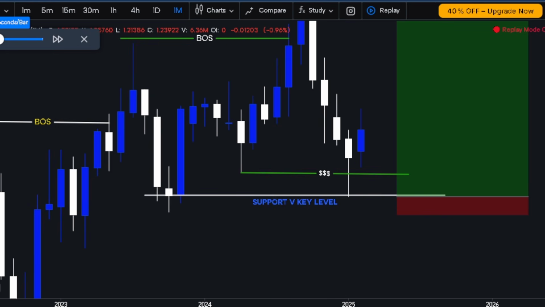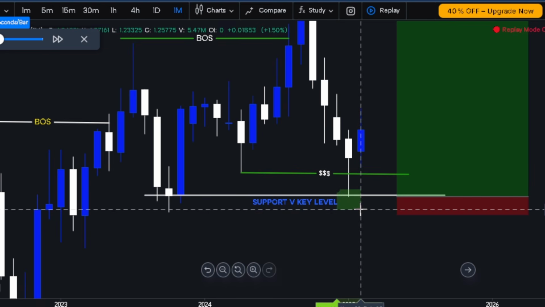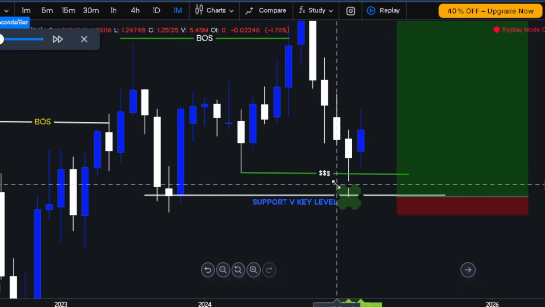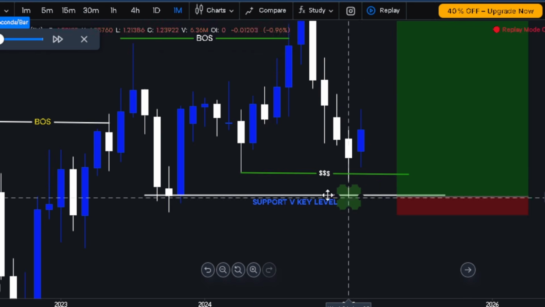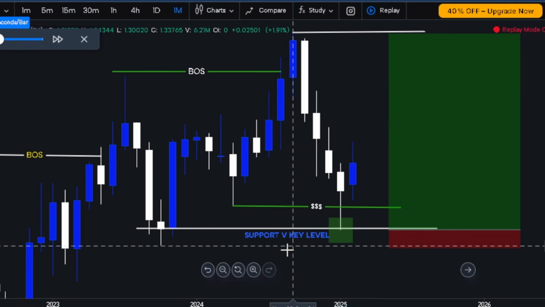Right there, we get a mitigation of our key level. Right here is where price now reacts from our key level. You notice how precise that entry was. Price just came in, tapped into the zone, and is now currently pushing towards the upside.